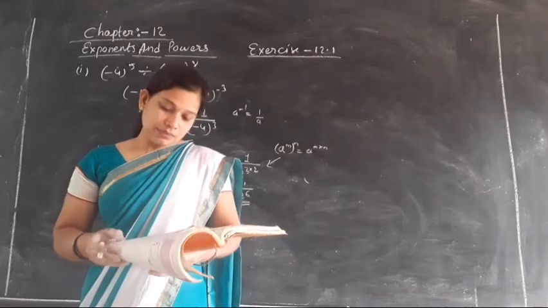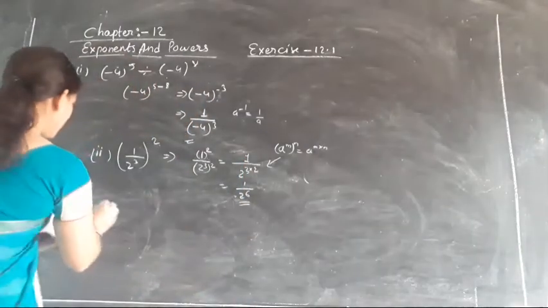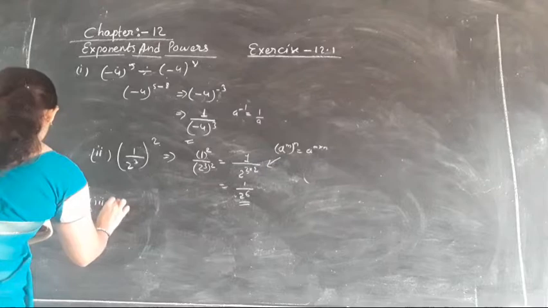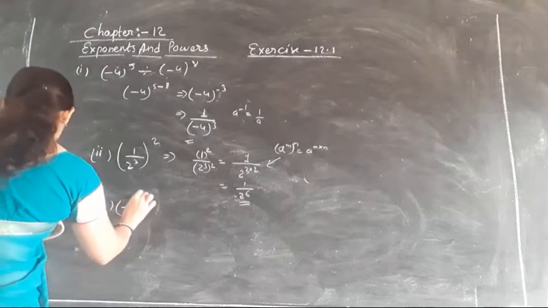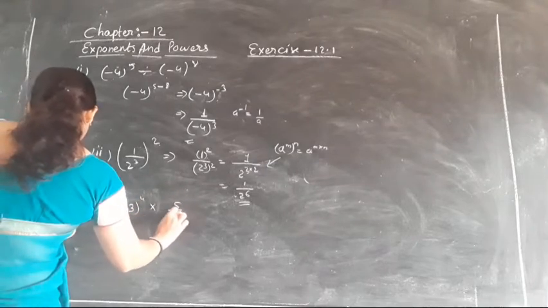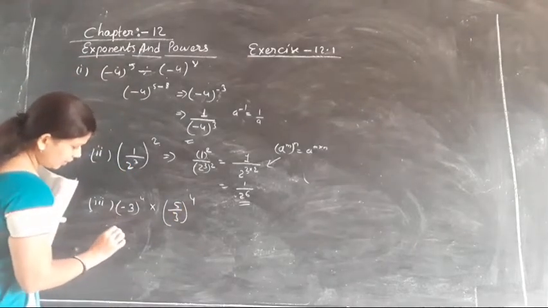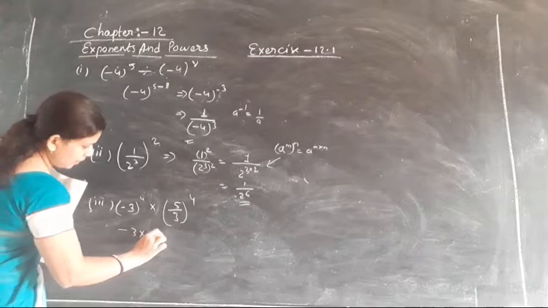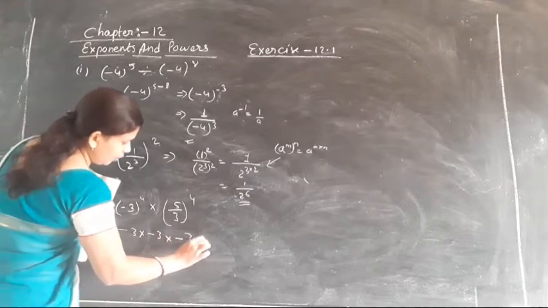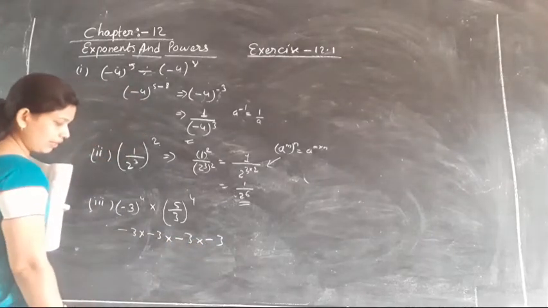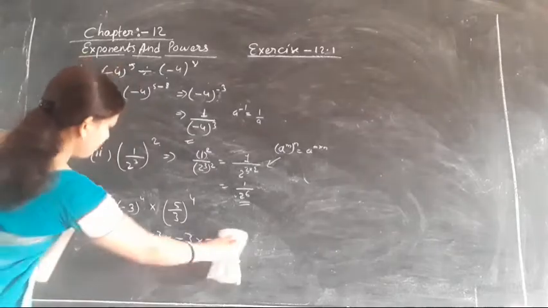Now moving toward the third part of the question. Here in the third part of the question it is given: minus 3 to the power 4 into 5 upon 3 whole to the power 4 we are having. So dear student, you can see here minus 3 into minus 3 into minus 3 into minus 3 we are having over here, or we can solve like this also.